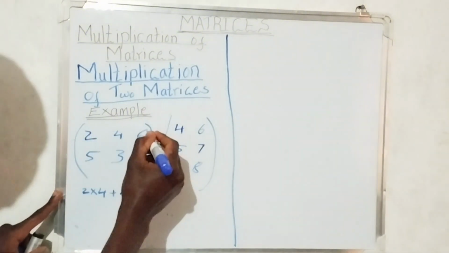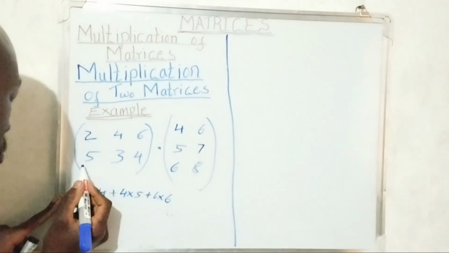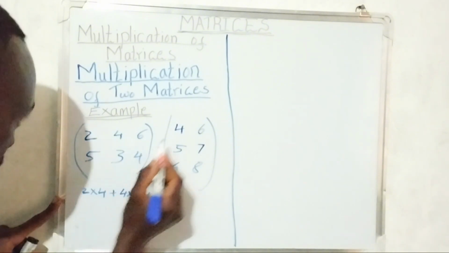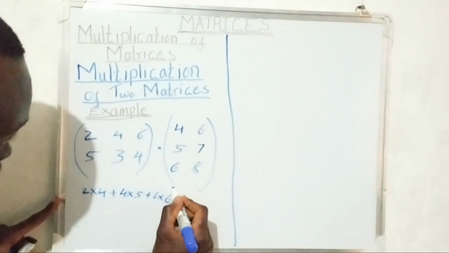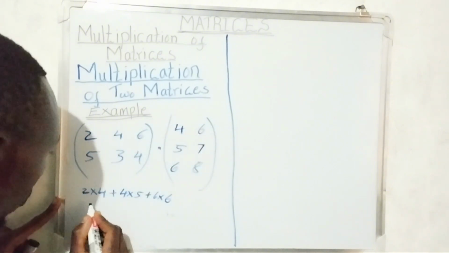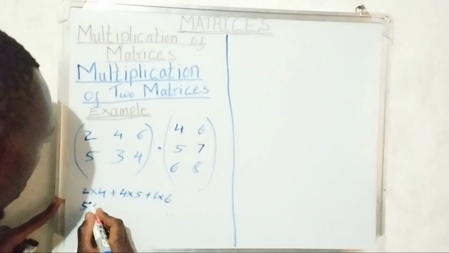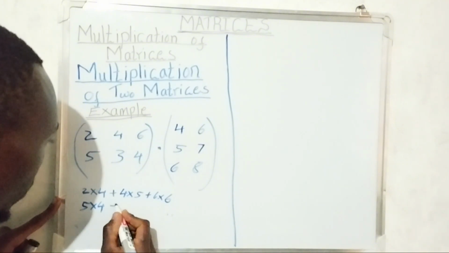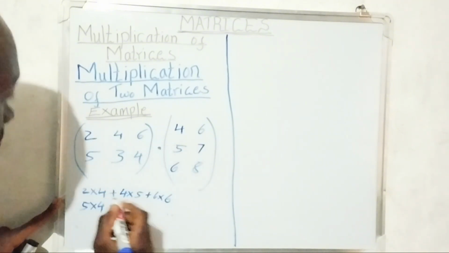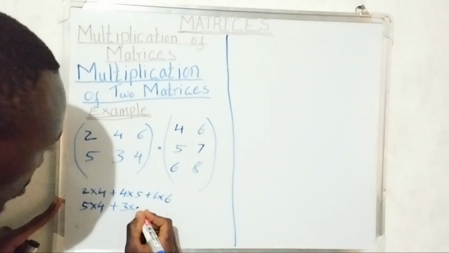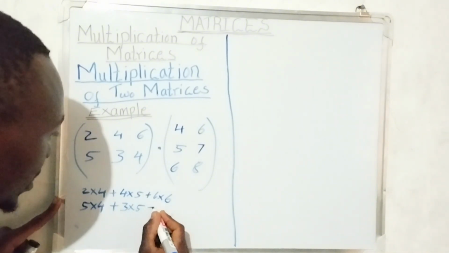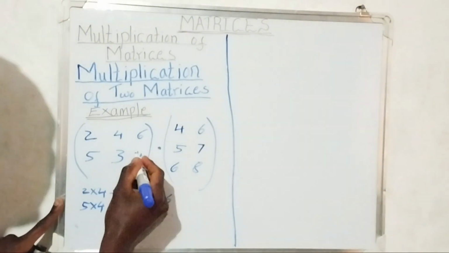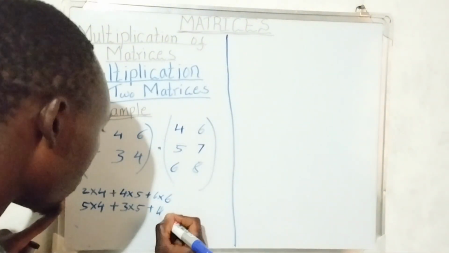The rows first. Then we move to the second row, still using this first column: 5 times 4, plus 3 times 5, plus 4 times 6.